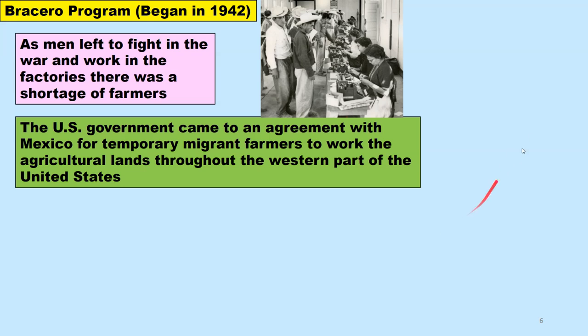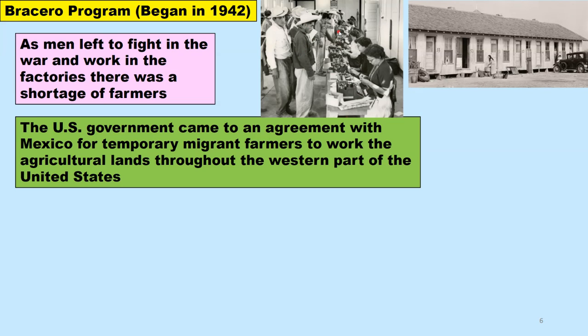Here you can see some members of the Bracero program that are signing up for it. They will come into America. Here's some of the housing, and they're going to work throughout America. But racism is still very prevalent in this country.